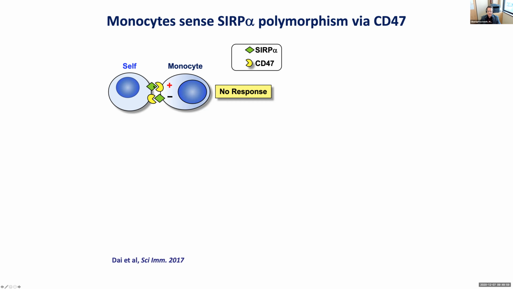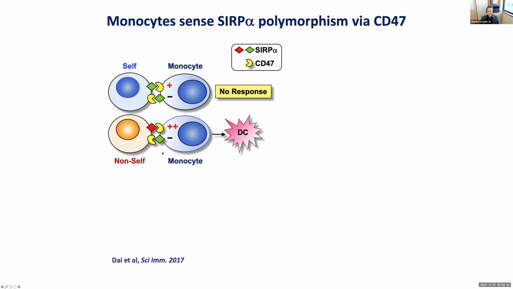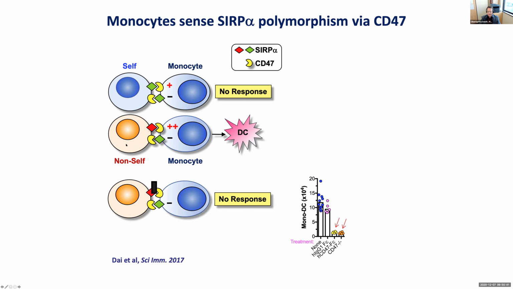So here we're saying that the balance of sensing SIRP alpha on a self cell as well as CD47 is resulting in a positive and negative signal that results in a net zero response, which leads to no response because it is self. If we have non-self, we're hypothesizing that now you get a larger positive signal through CD47 due to the allogeneic SIRP alpha on the donor. And you still get a negative response because SIRP alpha on the monocyte is detecting CD47 on the non-self cell.